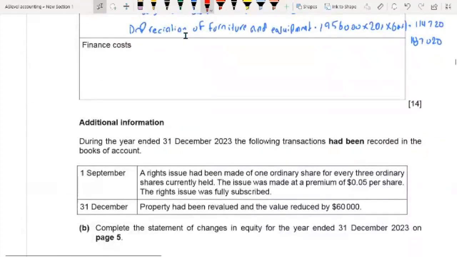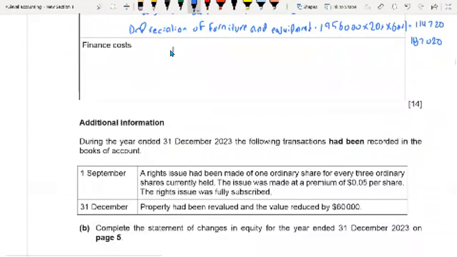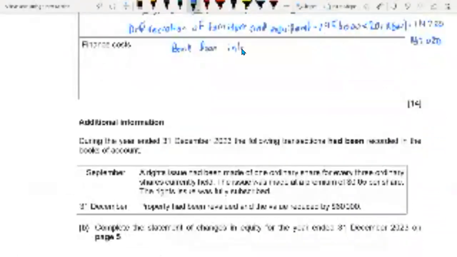So firstly, we have the bank loan interest, which is equal to 2,600. Okay. And we have debenture interest also. And the debenture interest was 8% on $240,000.